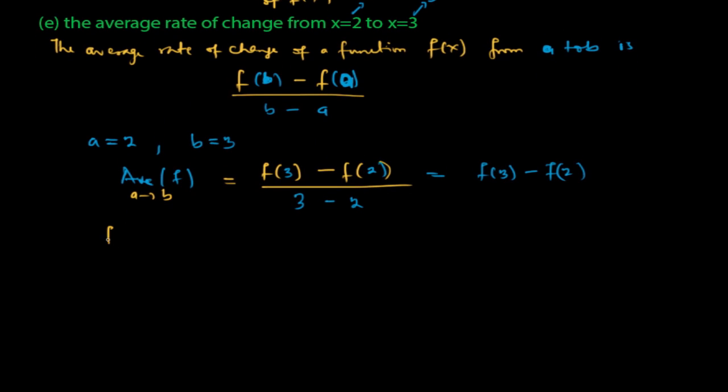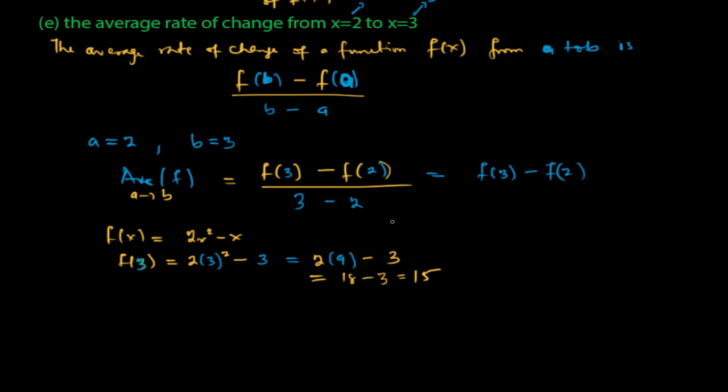So you recall that from above, f of x equals 2x squared minus x. So therefore f of 3 equals 2 into 3 squared minus 3, and this is going to be 2 times 9 minus 3, which is 2 times 9 is 18 minus 3, which is 15. And then we have gotten f of 3, remaining f of 2.